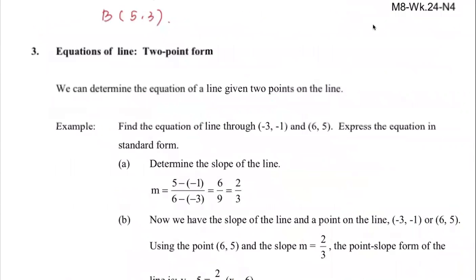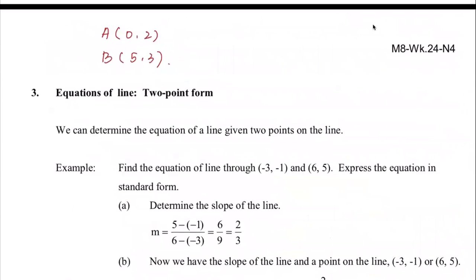But with 2 points, 2-point form, this is not very common. With 2 points, we have to use the slope formula to find the slope first, and then we use the same method to find the straight line expression. So we use the slope formula first, y2 minus y1 over x2 minus x1, and we'll find a number, right?